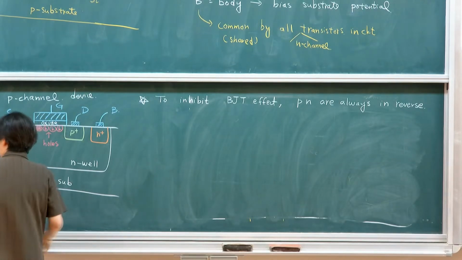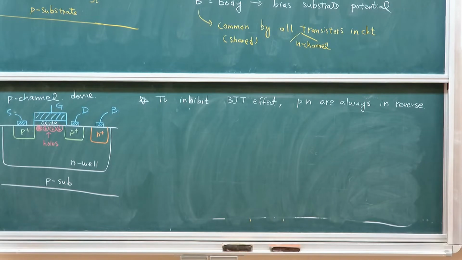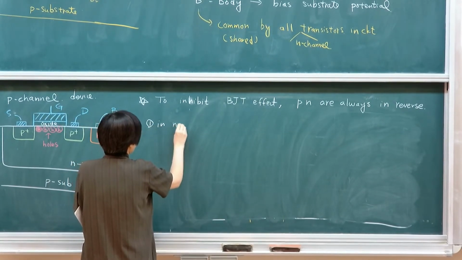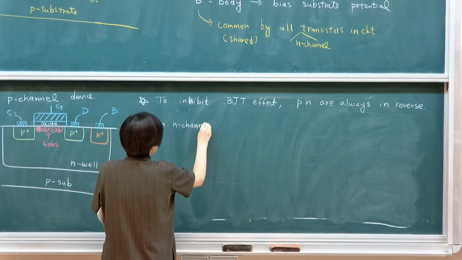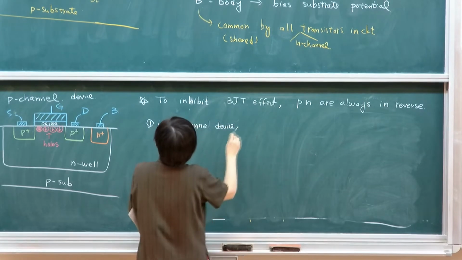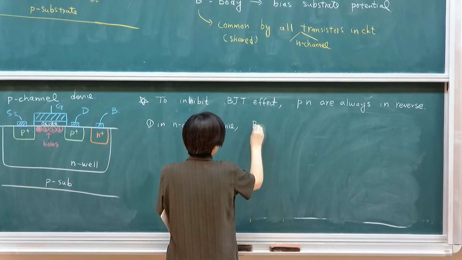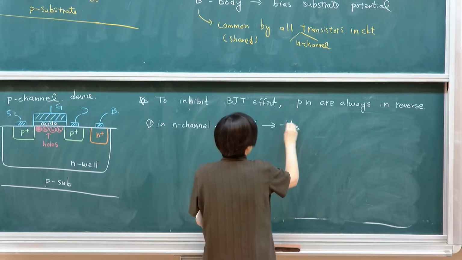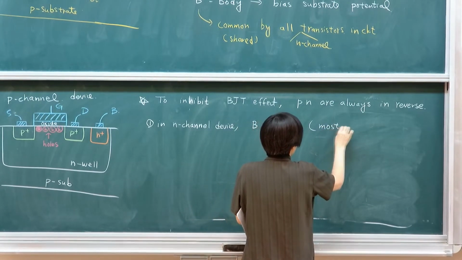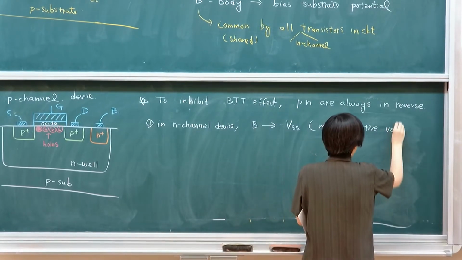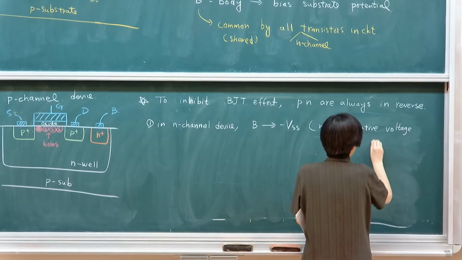So how does one do that? In an N-channel device, we want to make sure that our body is connected to VSS, the most negative voltage of the circuit.